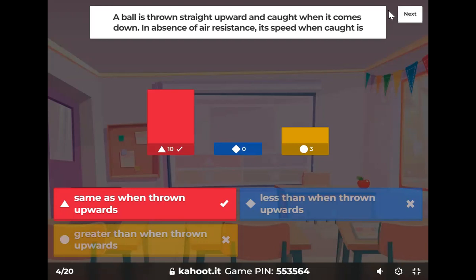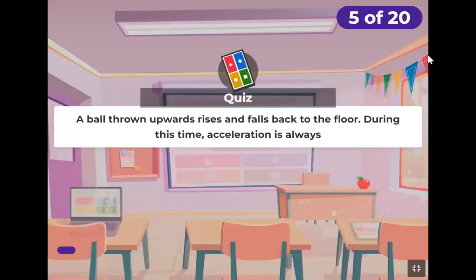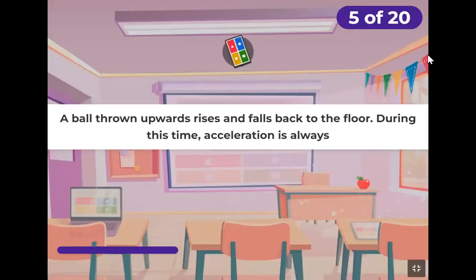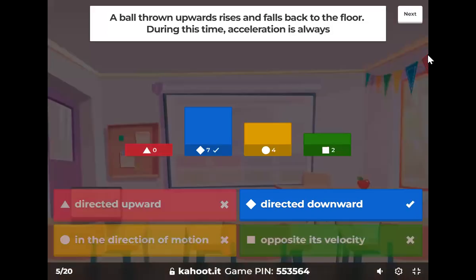All right, back over here. All right, more points. Ball thrown upward, falls back to the floor. During this time, the acceleration is always. There you go, directed downward.